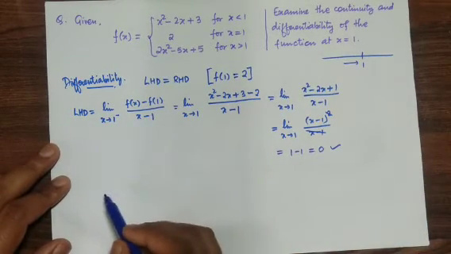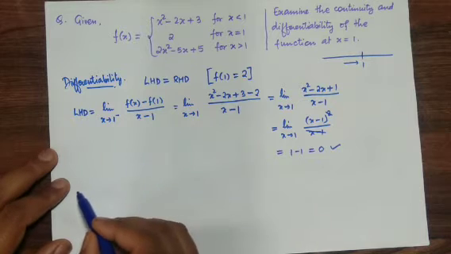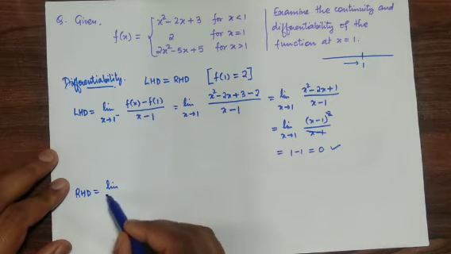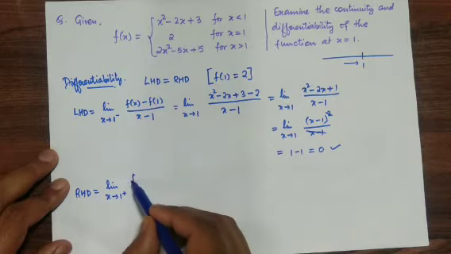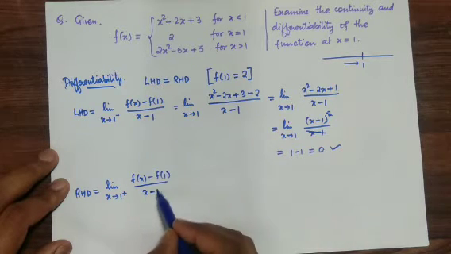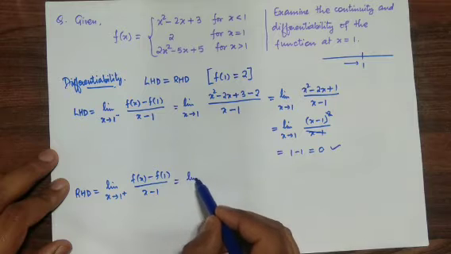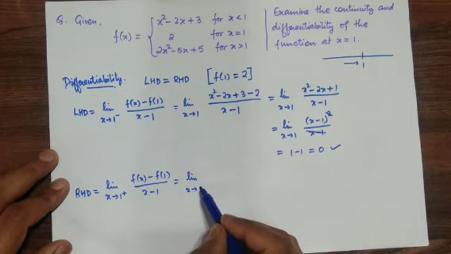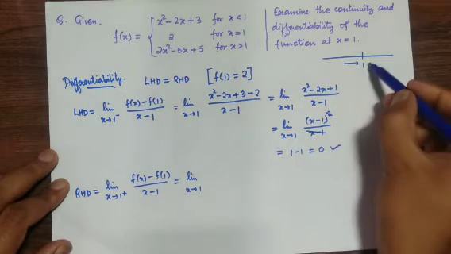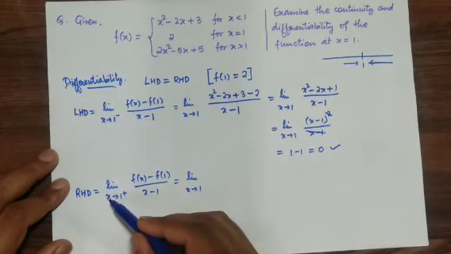Now similarly, let's find my right hand derivative. So the right hand derivative is limit x tends to 1 plus of f(x) minus f(1) over x minus 1, which equals limit x tends to 1. Now this x is approaching 1 from the right hand side, so x is greater than 1.